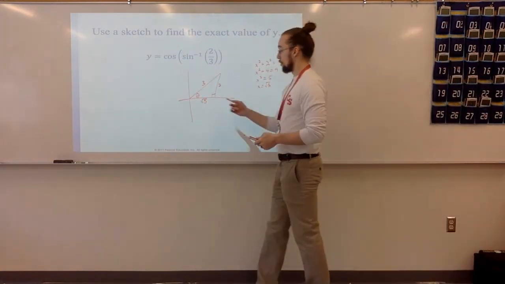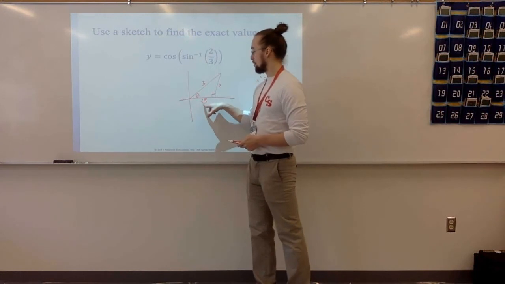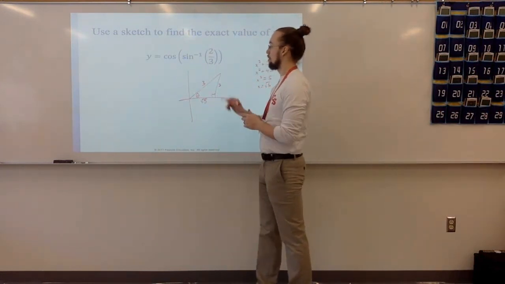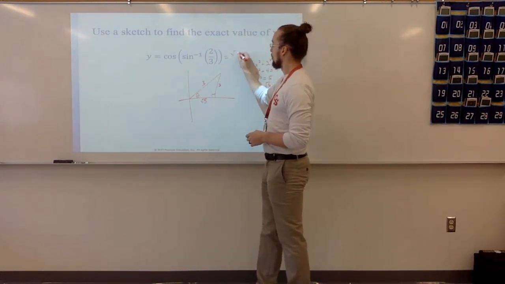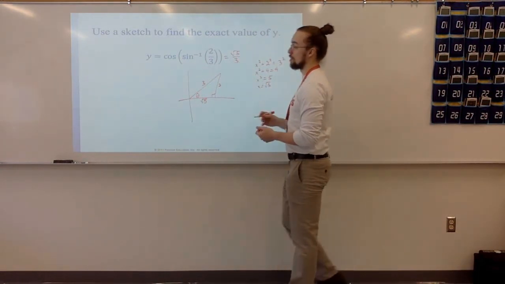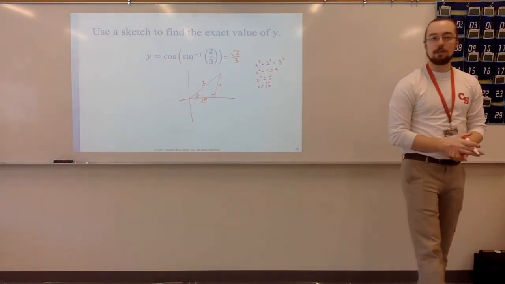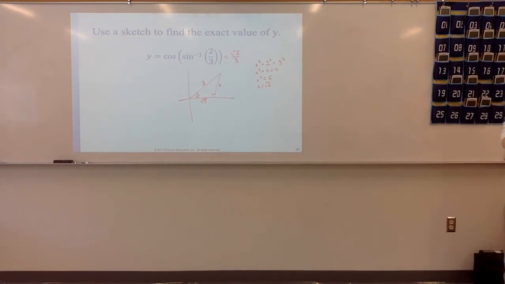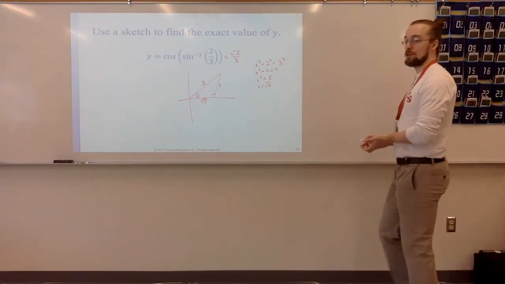So if I want the cosine then, that would just be square root of 5 over 3. So this whole thing, the cosine of the inverse sine of 2 over 3, is equal to the square root of 5 over 3.